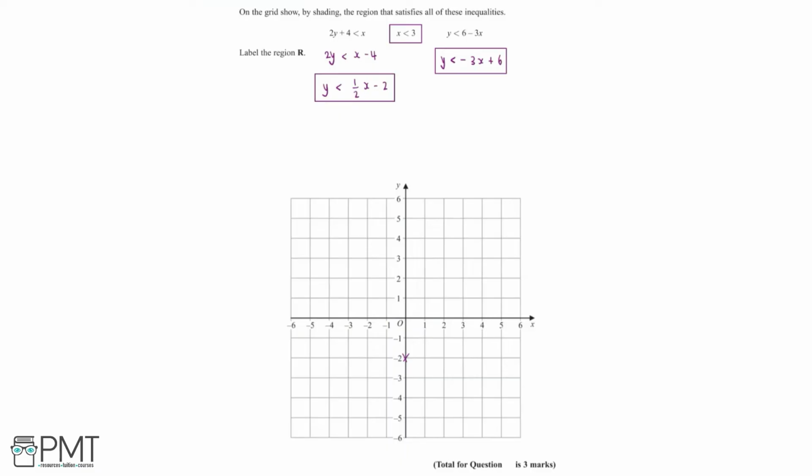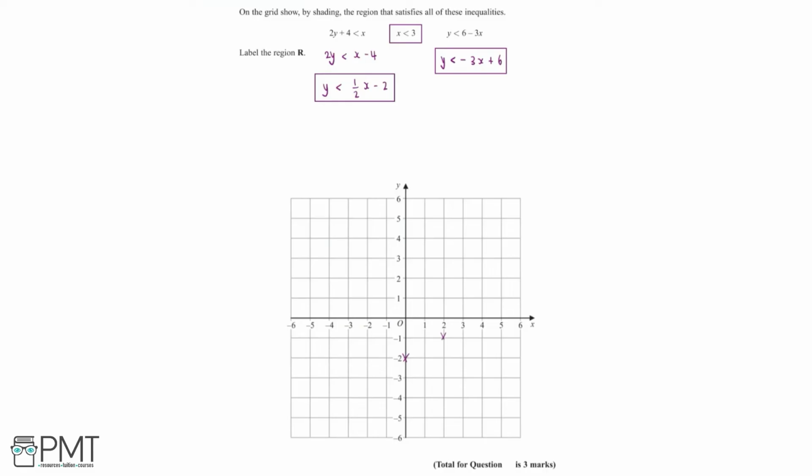We have a gradient of 1 over 2, and so the change in y would be equal to 1, and the change in x would be equal to 2. If our change in y is equal to 1, we go 1 space upwards, and if our change in x is equal to 2, we go 2 spaces to the right. And so our new point would be at the coordinate 2, minus 1.